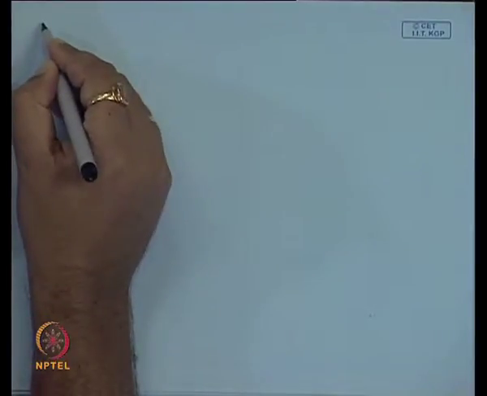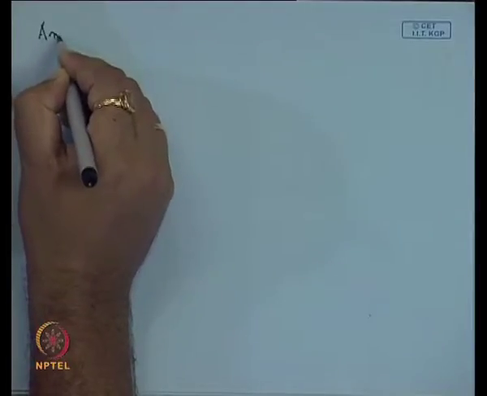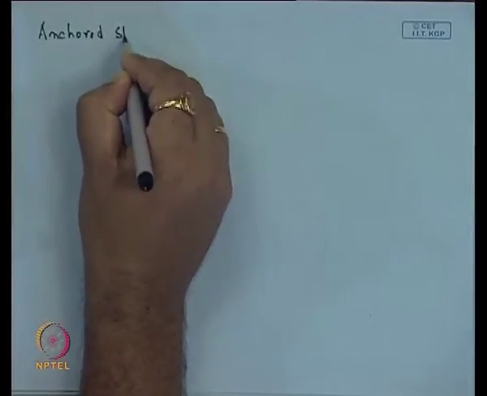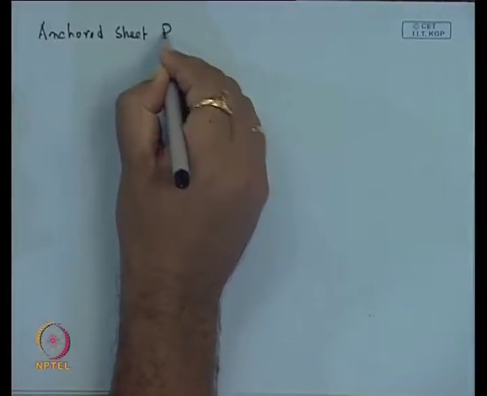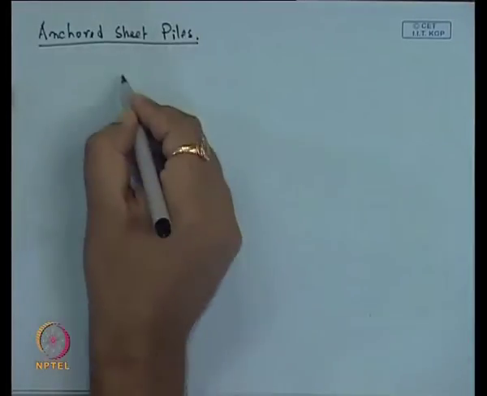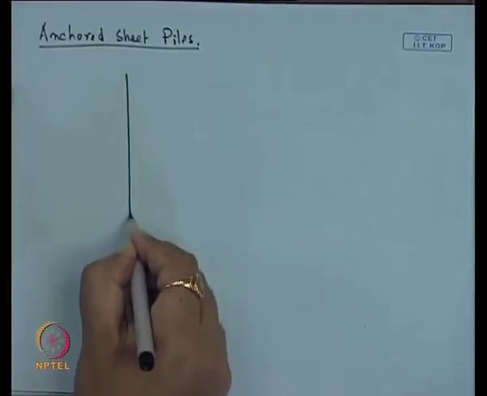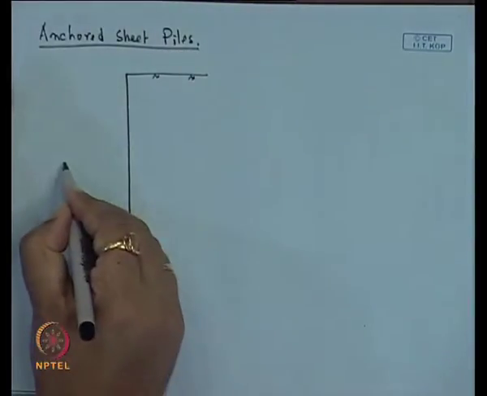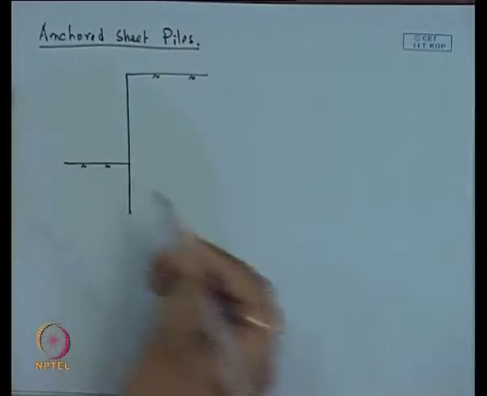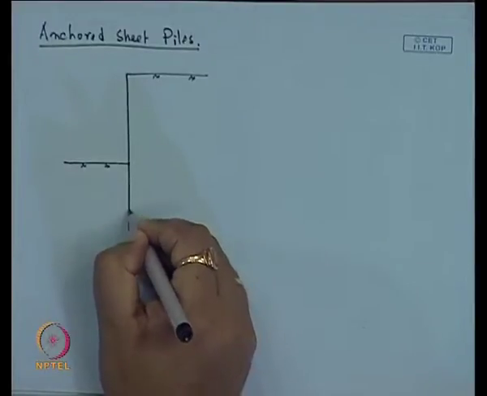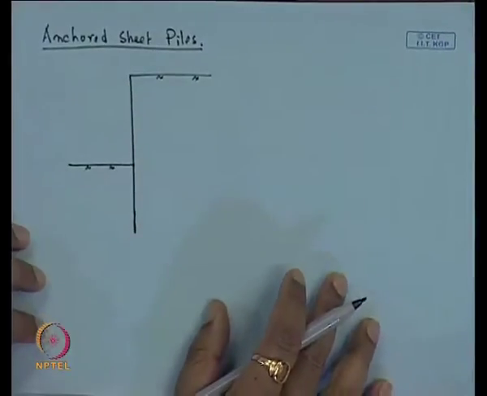So, now first if I go for the anchor sheet pile condition, similar to that, this is the top ground surface, this one is the dredge level, and this is the cantilever sheet pile.